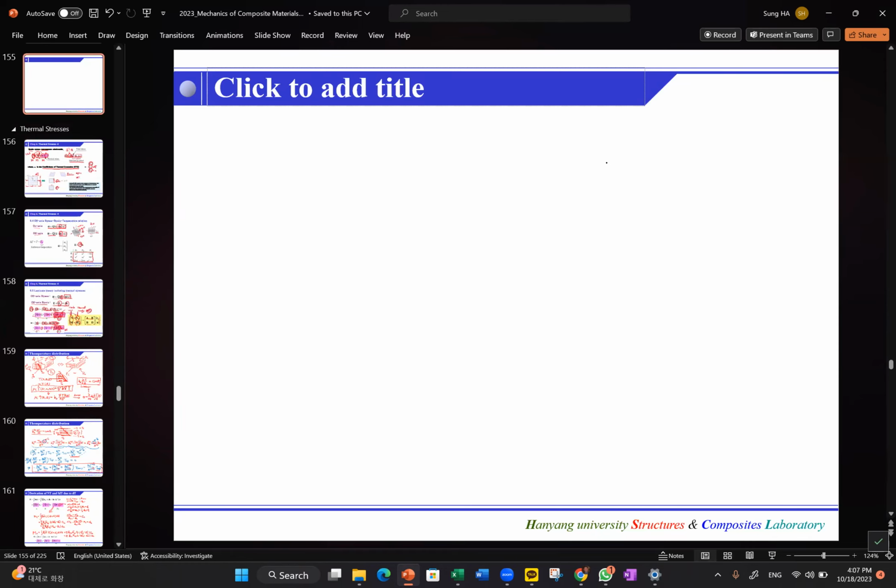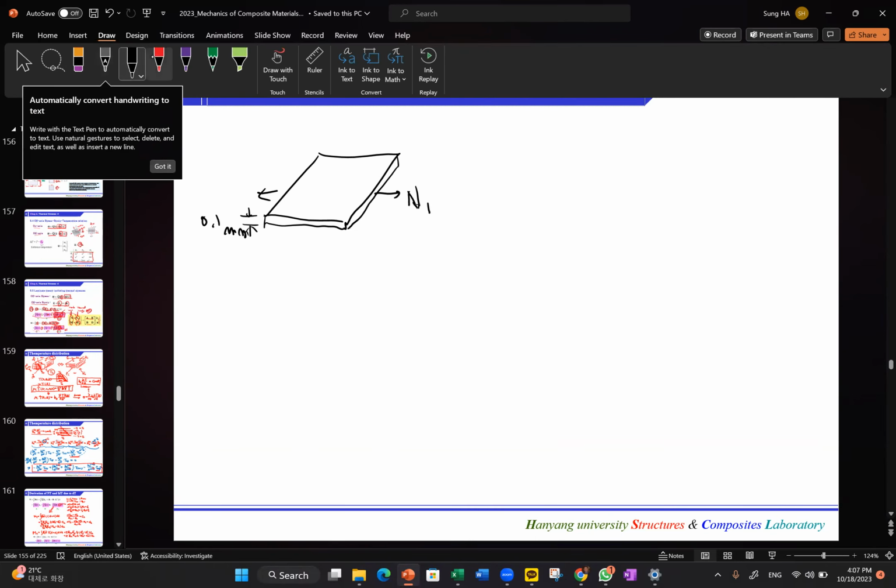If we have just one ply, and also we apply the N1, this load. This is 0.1 millimeter. And then deformation wise, what will happen?